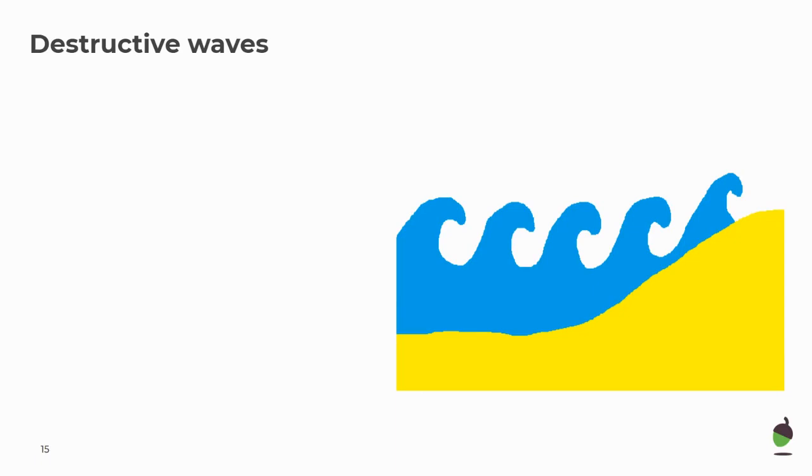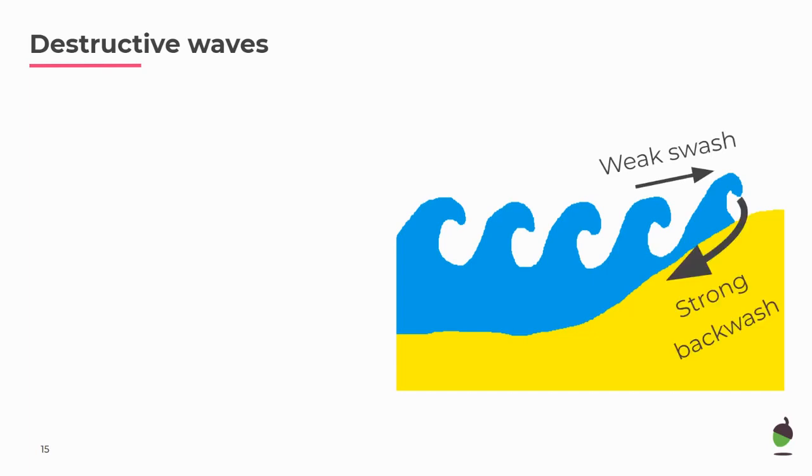Destructive waves are the opposite. We've got the word in there now, destroy, destruct. If you destroy something, you break it down, and these waves will break away the beach. To do that, they have a weak swash, but their backwash is incredibly strong. So as that wave plunges, as that wave breaks, it scours into the beach and like a digger bucket really scoops up the sand and takes it back into the sea.